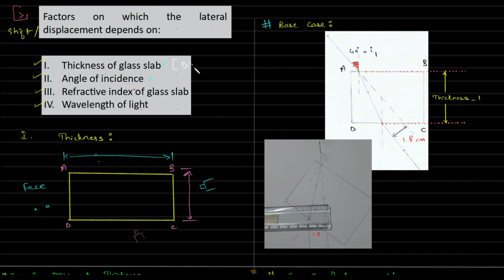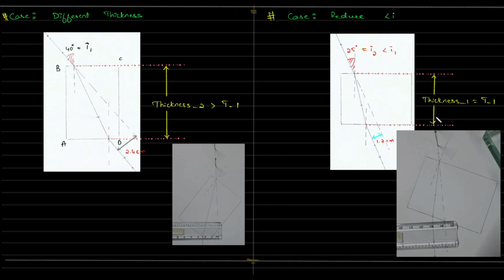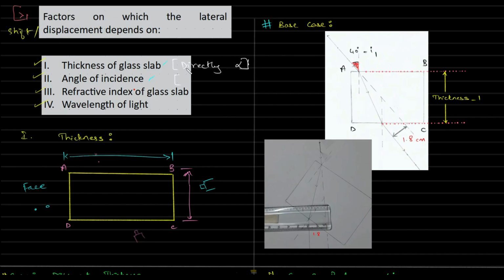This is directly proportional. Now we are keeping the thickness the same in the third case, but reducing the angle of incidence, and we can see the shift has reduced. So what can we tell? With changing angle of incidence, the lateral shift is changing and it is directly proportional. If I had to increase the angle of incidence, the lateral shift would have increased.